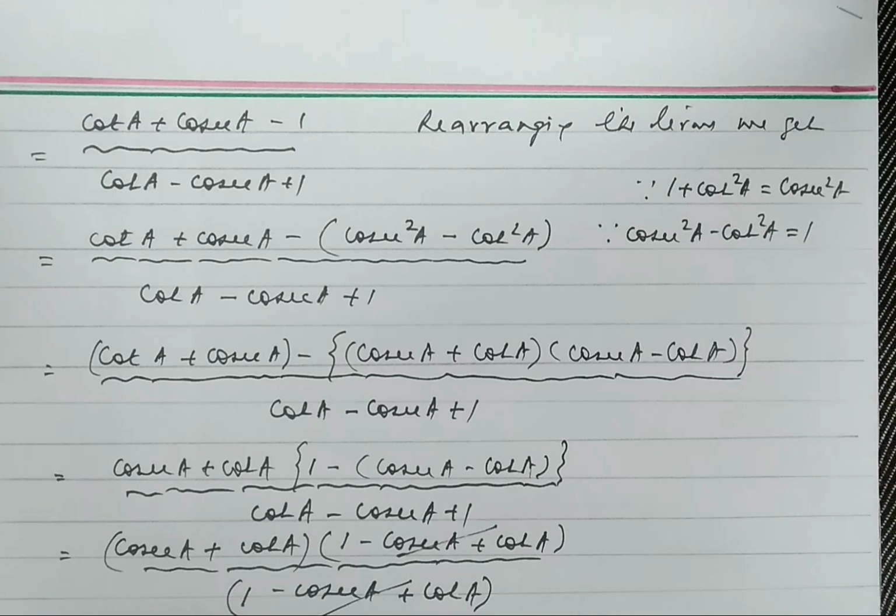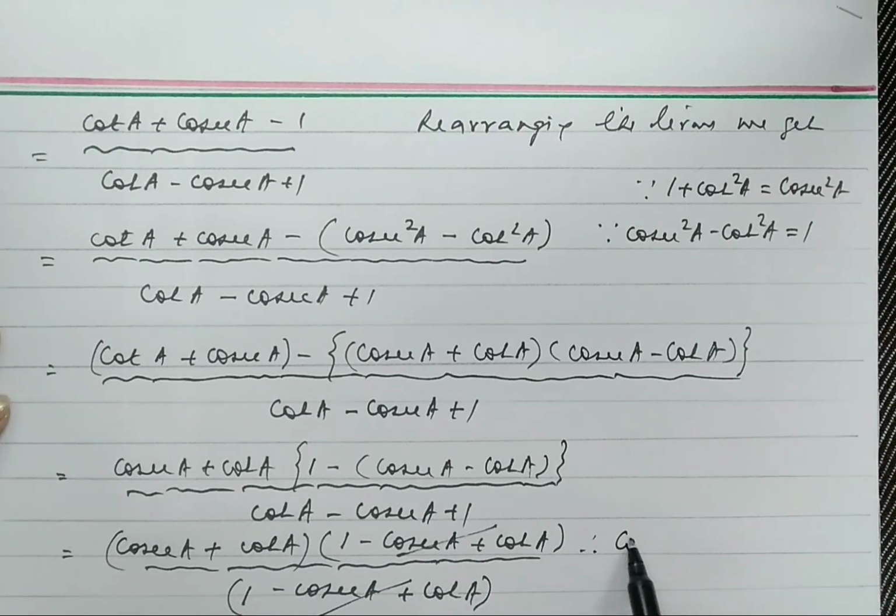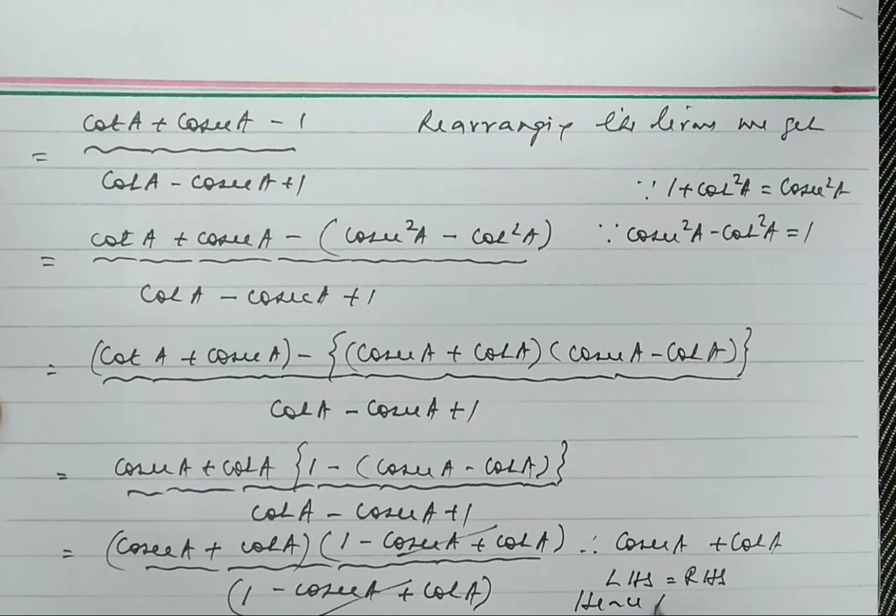So we can cancel, and therefore we have this equals to cosec A plus cot A, which therefore left hand side is equal to right hand side. Hence proved. Isn't it? So have you understood or not?